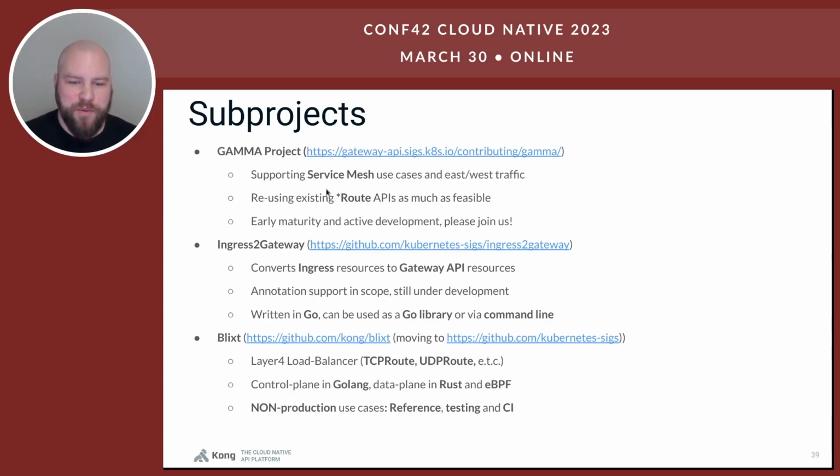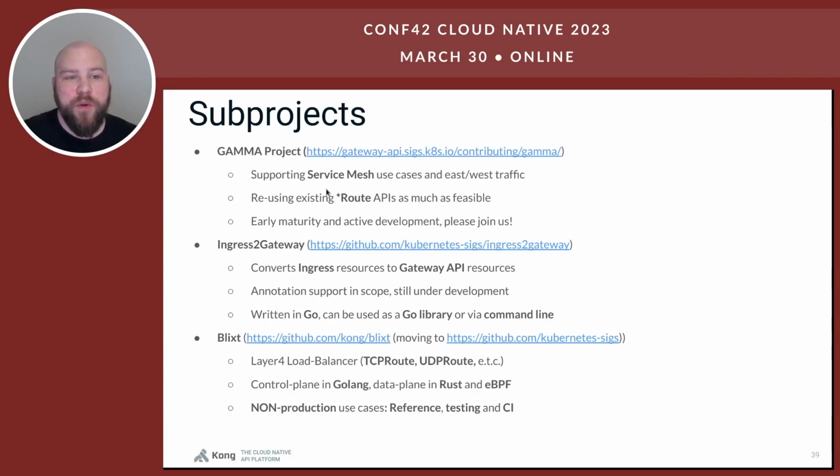So this project helps with that. Plus it's something that we're going to plug into our CI for automated testing. And also the control plane written in Golang is eventually what we hope to be a reference implementation for people building controllers in Golang, to see how you would implement Gateway API. So yeah, those are some of the sub-projects.